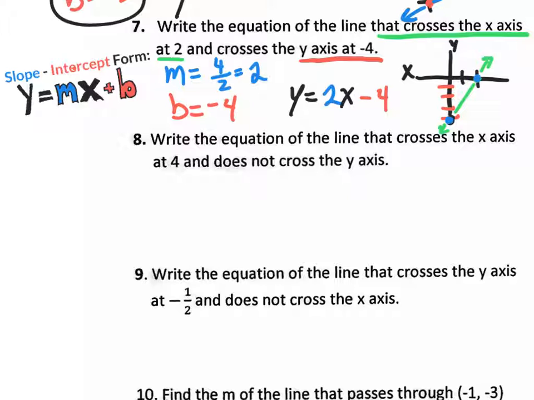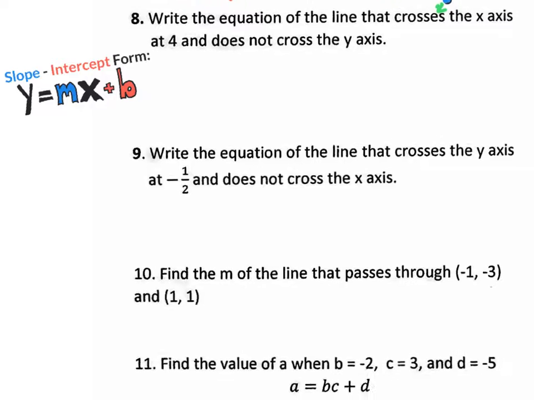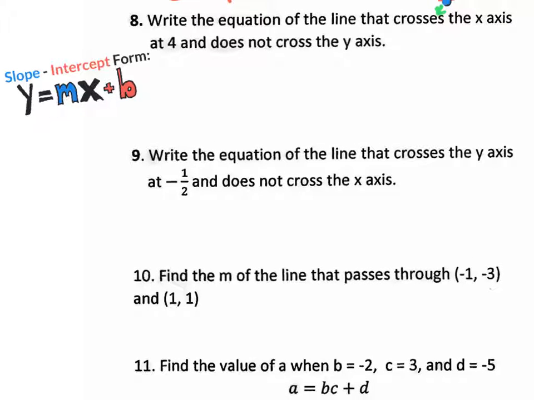Now let's move on to number 8. It says write an equation of a line that crosses the x-axis at 4 and does not cross the y-axis. Again, right here I need to start sketching the description of this line in order for me to get a visual, in order for me to be able to write the equation. So this is crosses the x-axis at 4. So here's my x. 1, 2, 3, 4. Crosses right here.